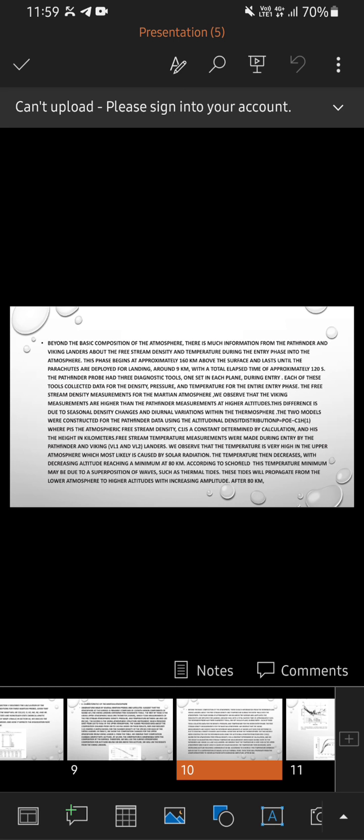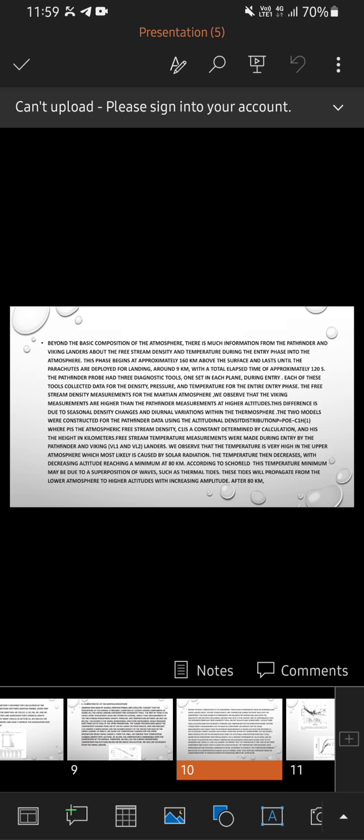Two models were constructed for the Pathfinder data using the altitude distribution, with constants determined by calculation, and h is the height in kilometers. Free stream temperature measurements were made during entry by the Pathfinder and Viking landers.